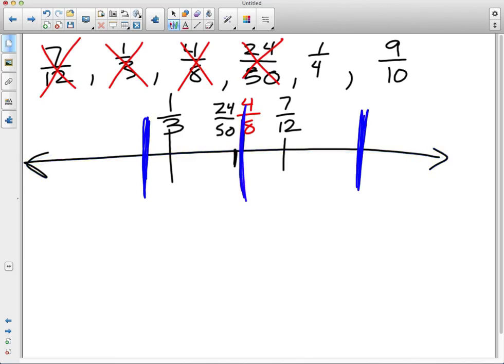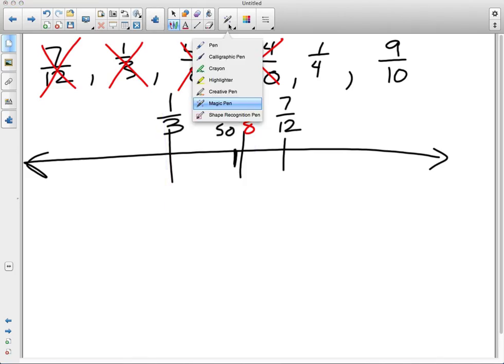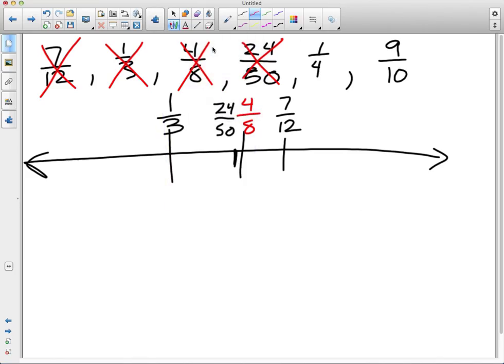Is that roughly 4 equal pieces? 1, 2, 3, 4 equal pieces? Yeah. Good. So the line near the 1/3, if you just move it a little bit over to the left, you should get where 1/4 should be. So right here, we'll go ahead and mark this as 1/4.